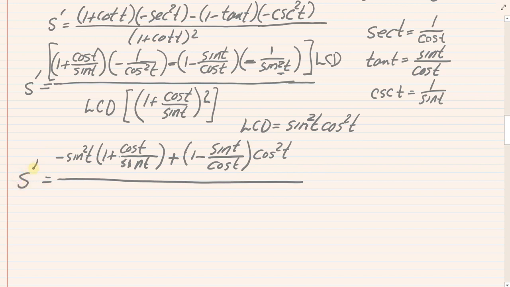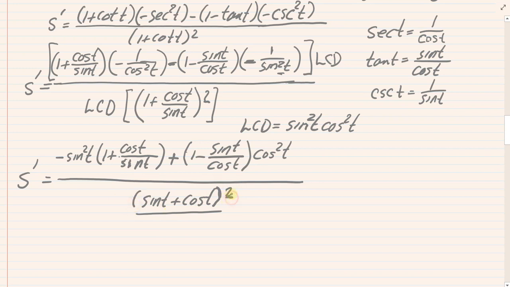In the denominator, once you distribute the LCD, inside parentheses is going to be sine t plus cosine t, squared.